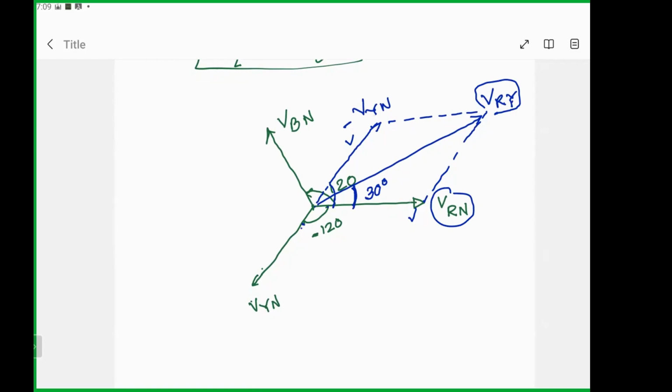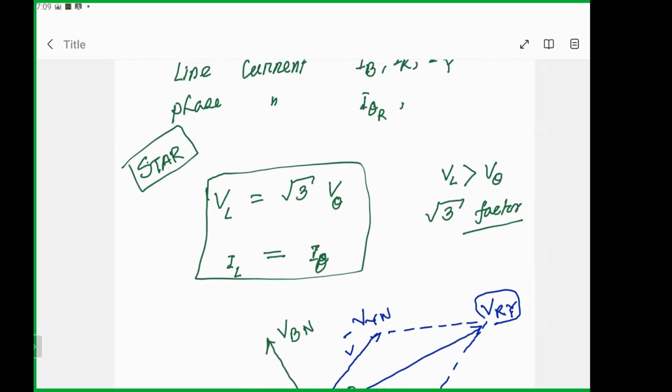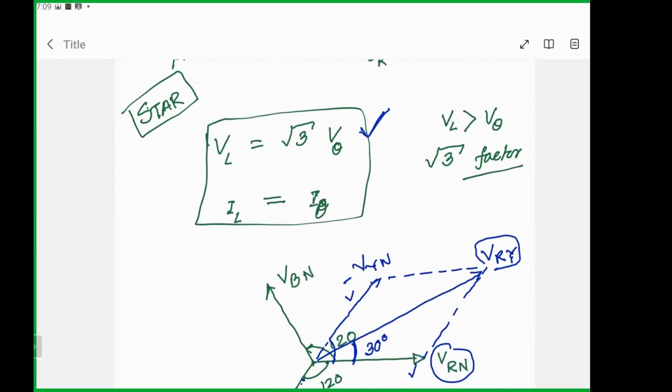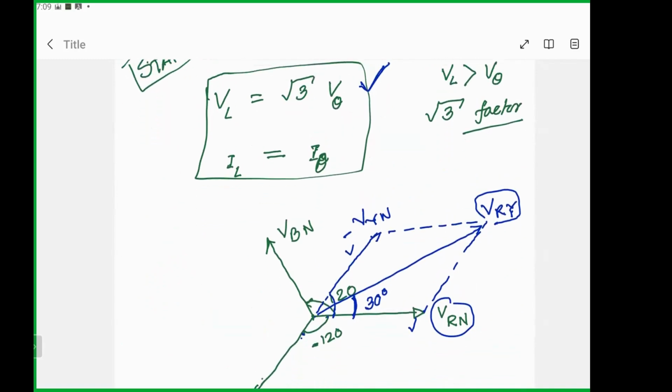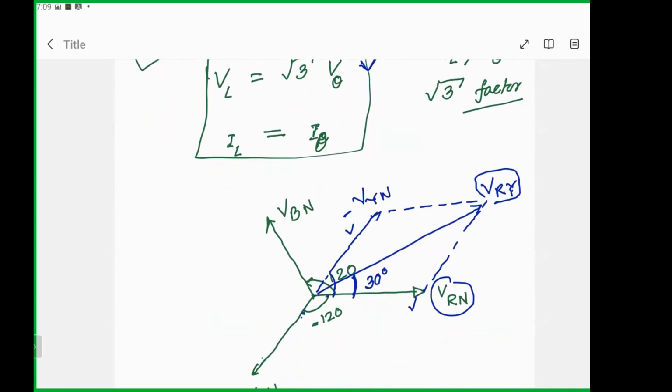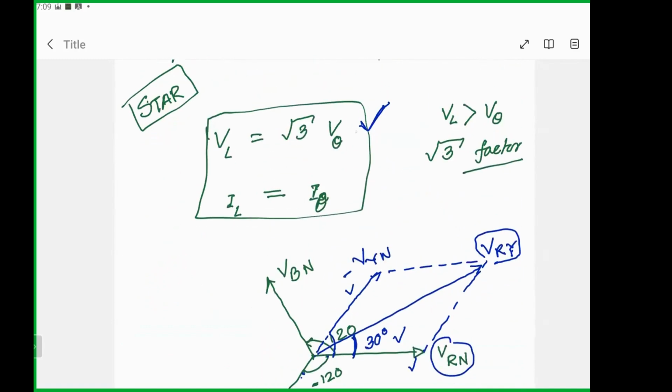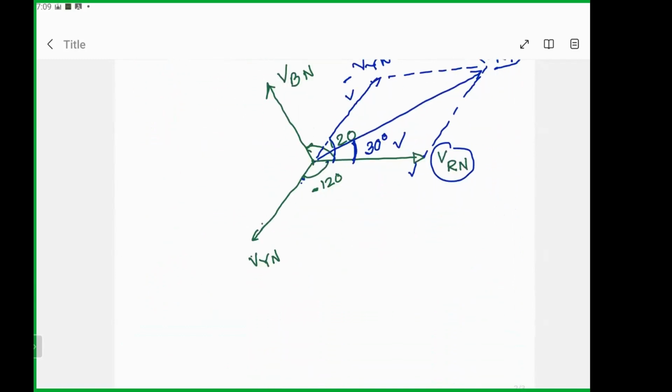Now, if we do all this addition, which we are not interested in, we can find this relation that we have written. This relation can be found, that the line voltage will be square root 3 times the phase voltage. Okay. So from this relation, we can derive this one. And this 30 degree, we have to keep in mind that the line voltage and the phase voltage will be 30 degrees separated.